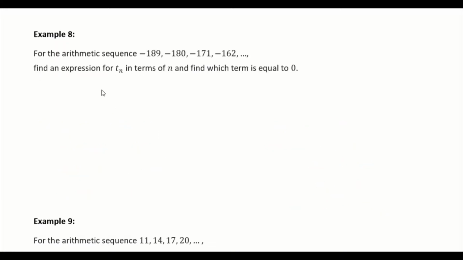Alright, so this is similar with example 7. So for this arithmetic sequence, we find out the nth term first. So we can have the initial term is negative 189. So the common difference, yeah, remember when you see this, right, it's actually becoming larger and larger. So make sure that your common difference doesn't have negative, okay? So it should be negative 180 minus negative 189. So you use any term minus the previous term to get the common difference, right? So that's why we can say it's positive 9.